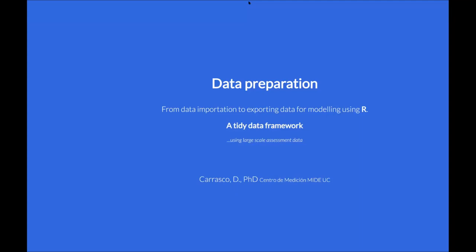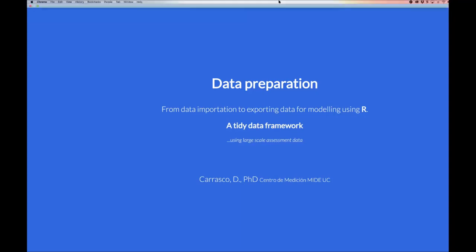The later problem that we will have, after a few other loops that we need to resolve, is how to export data when we need to fit any other latent model outside the original environment that we're working with.